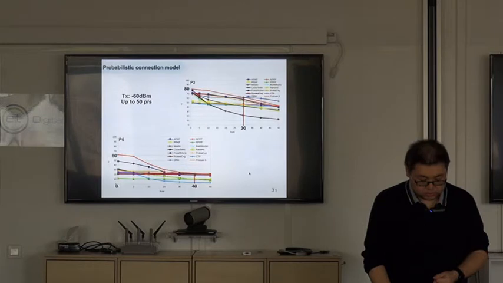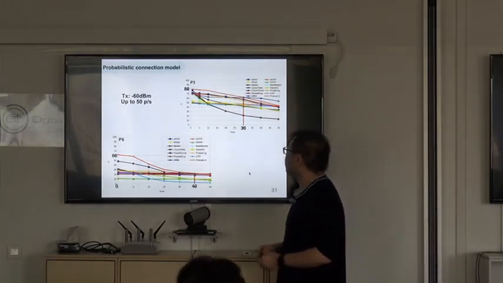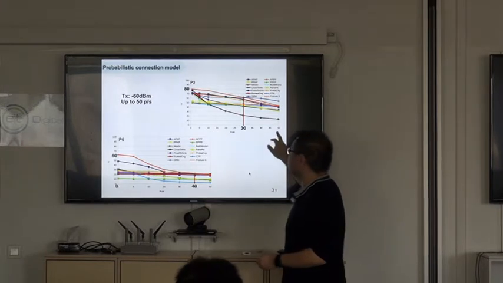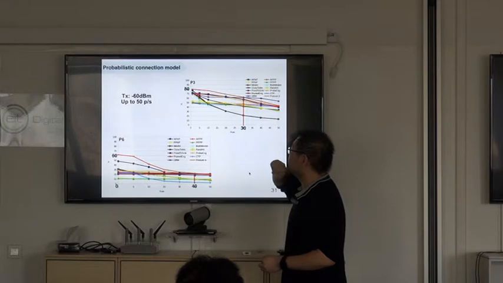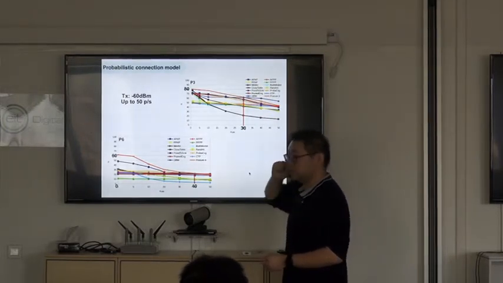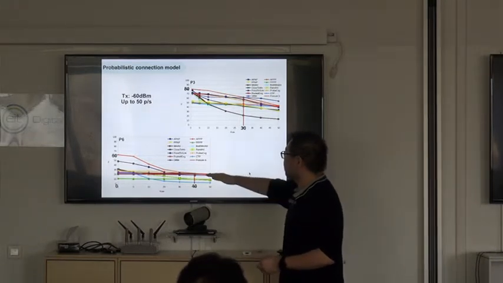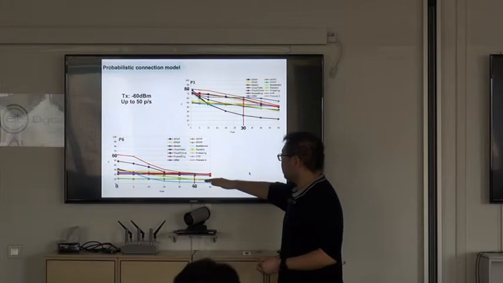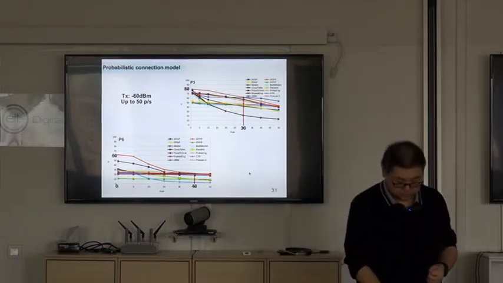This is a result that we simulated with a packet rate up to 50 packets per second, and a transmission power of minus 60 dBm. We can see that in both 3 and 6, our proposition has the best performance and the best reception rate until 30 and 40 packets per second respectively.